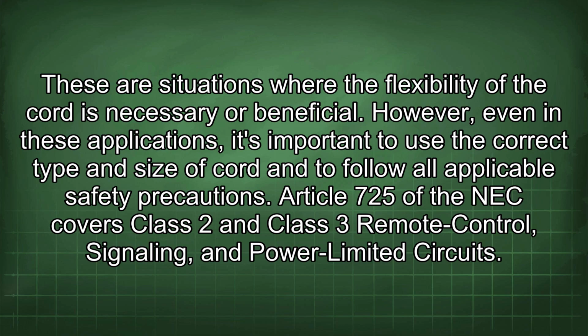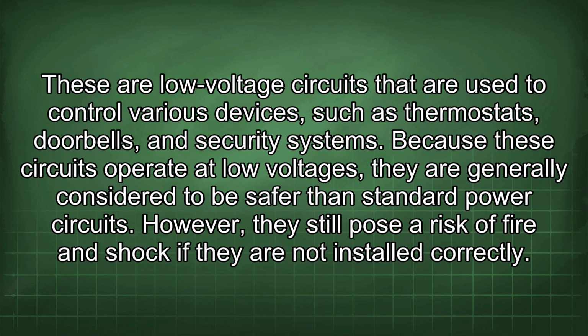Article 725 of the NEC covers Class 2 and Class 3 remote control, signaling, and power-limited circuits. These are low voltage circuits that are used to control various devices, such as thermostats, doorbells, and security systems.